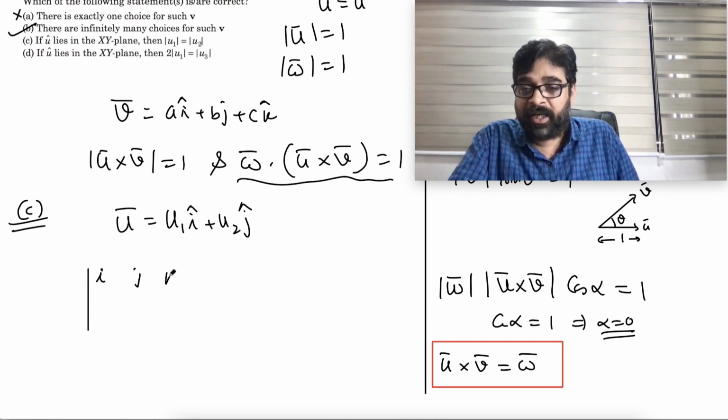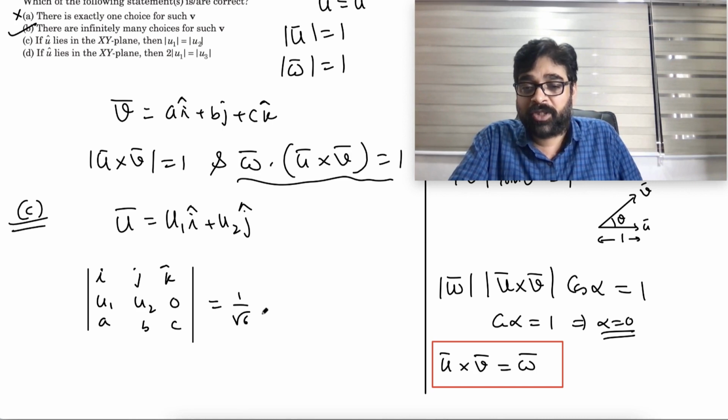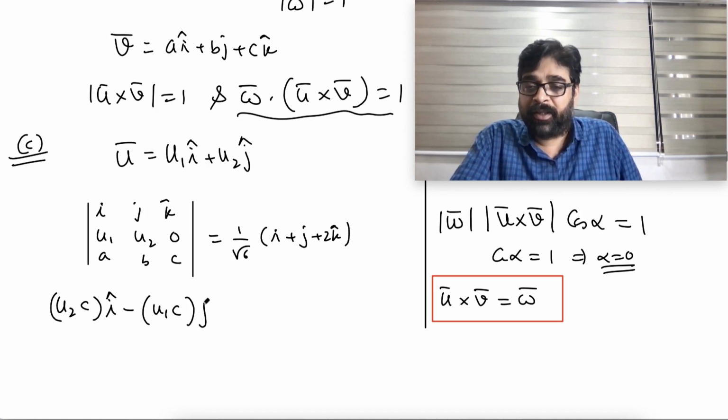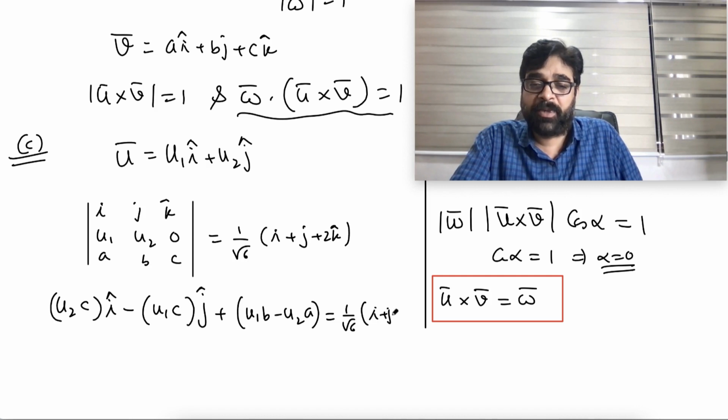I, j, k, then u1, u2, 0, then a, b, c, equal to v, which I assume is 1 by root 6 times I plus j plus 2k. Now just expand. This gives u2c into I cap minus u1c into j plus u1b minus u2a into k, equal to 1 by root 6 times I plus j plus 2k.